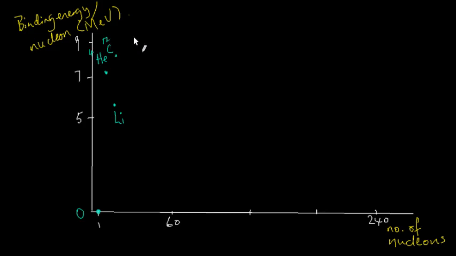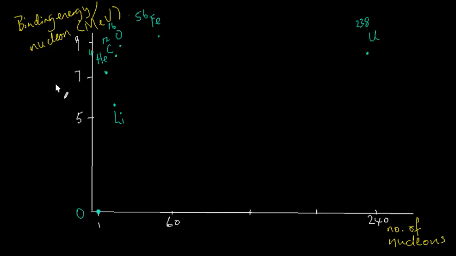And then there is oxygen, which is probably somewhere here. Oxygen 16. And then somewhere along here would be iron, which is 56, and somewhere a lot further down, around here, let's say, would be uranium, 238.